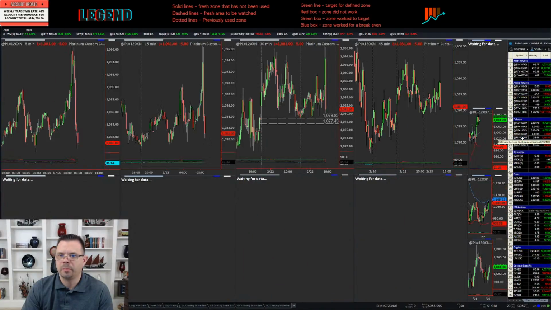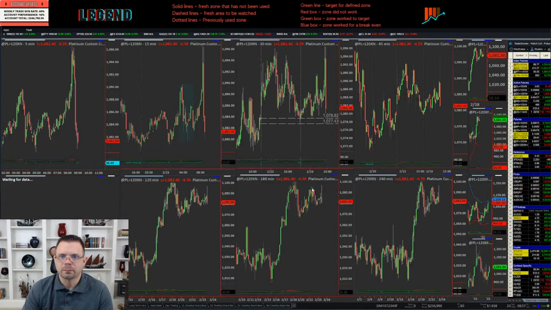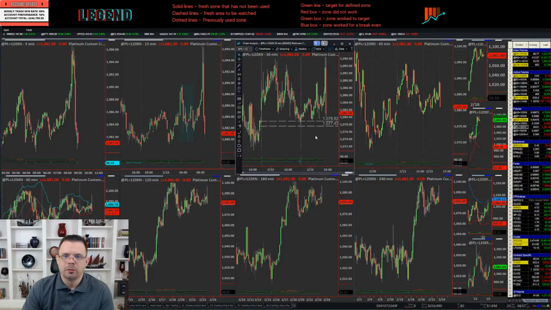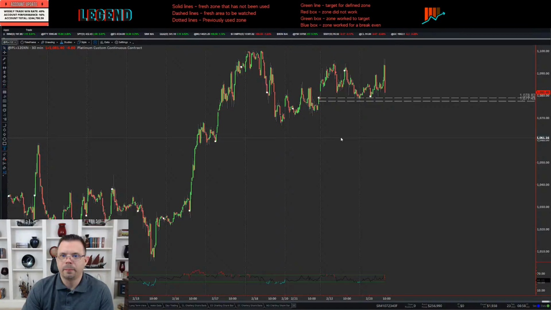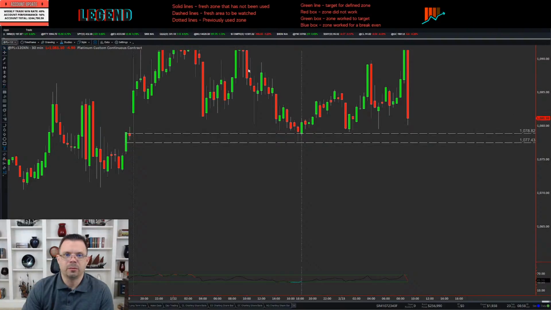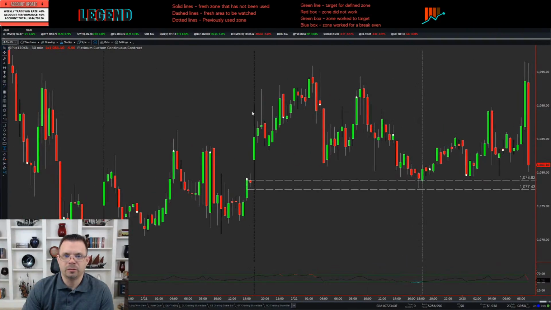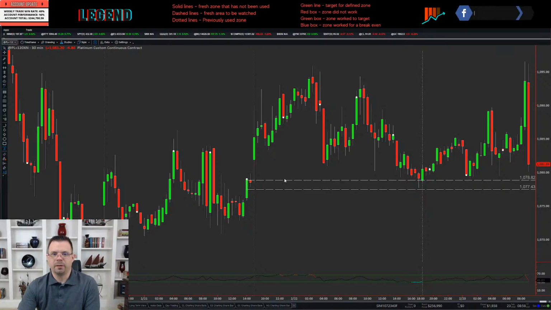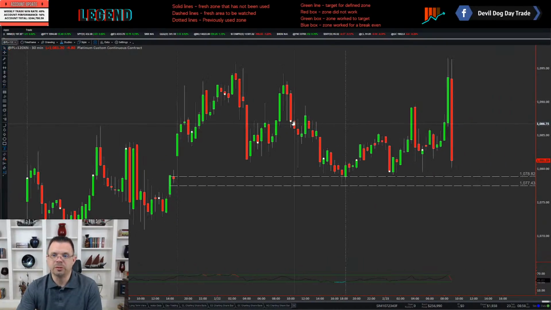All right, let's look at platinum. So interestingly enough, right, we talked about this yesterday. This was a gap zone, where the candle coming out of it isn't formed as a leg out, but it's acting like a leg out because of the gap here. And so I just marked it to watch it, but you can see, right, these things can work out, and when they do work out, they work out very, very well.